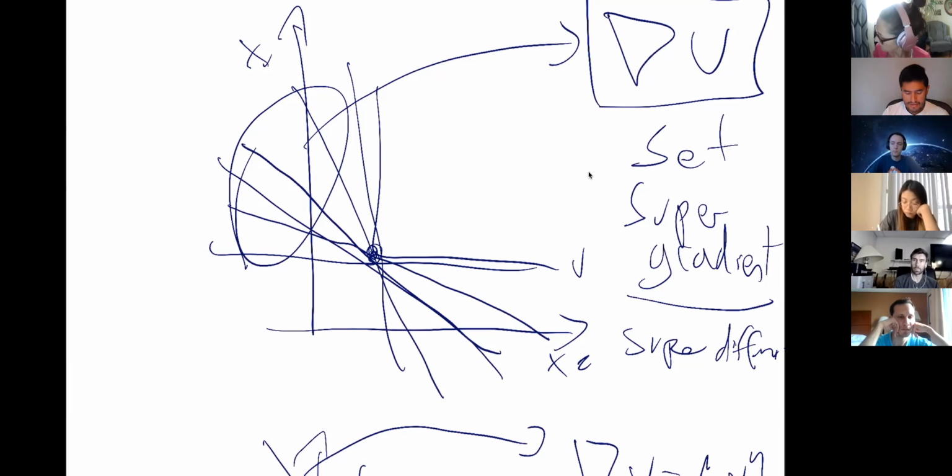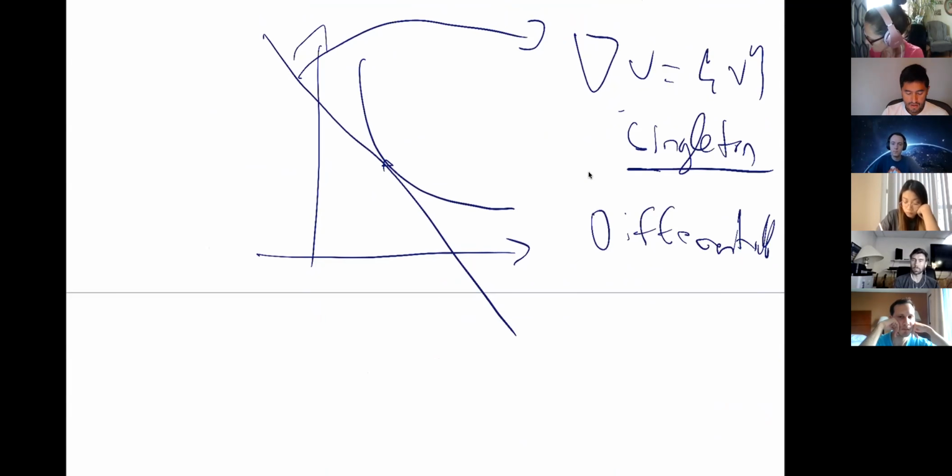And then let's think about optimality for a second. In this kind of budget problem, what you're looking at is a point where the gradient, this vector, is orthogonal to the point of tangency, orthogonal to the budget line.